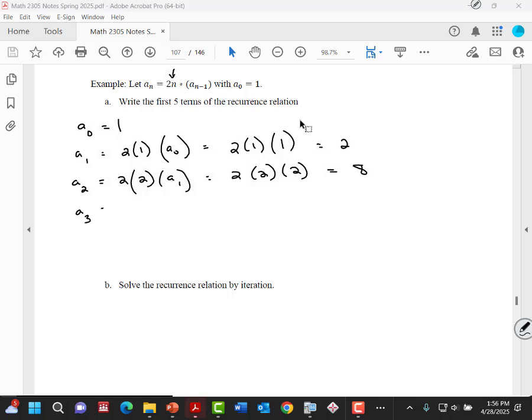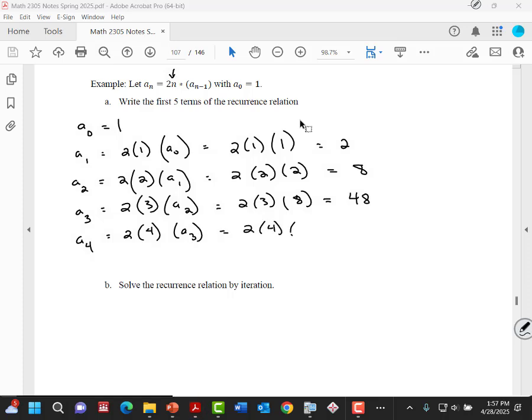A3, this would equal 2 times the current index, that's 3, times A sub n minus 1, the term prior, A sub 2. This is 2 times 3 times A sub 2, which is 8. 2 times 3 times 8, that is 48. If I go A4, this would be 2 times 4 times A3.